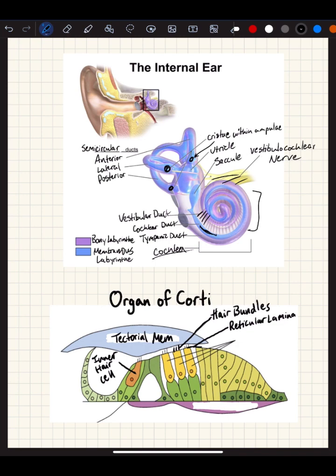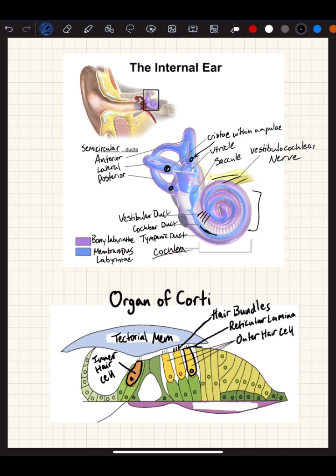And just like you saw, this was a cell. It's got this little nucleus right here. These are also cells with a nucleus. So if this one's the inner hair cell, this one would, by the associative property, be the outer hair cell.